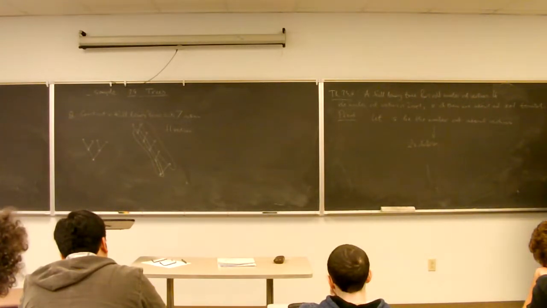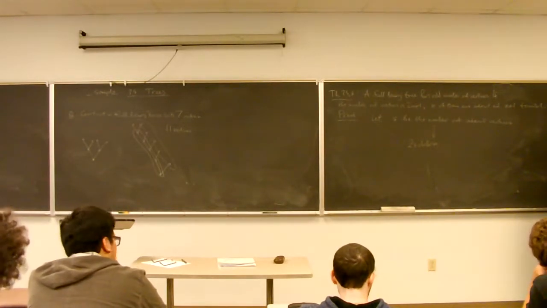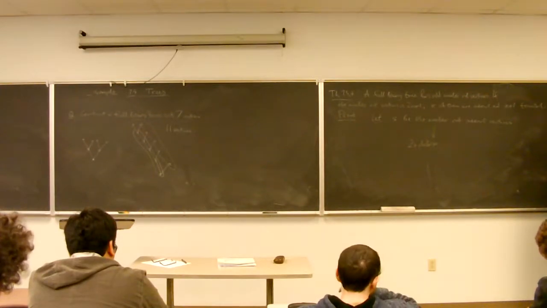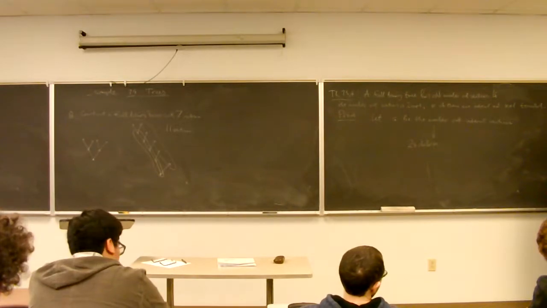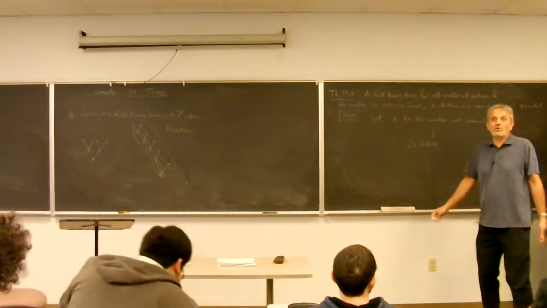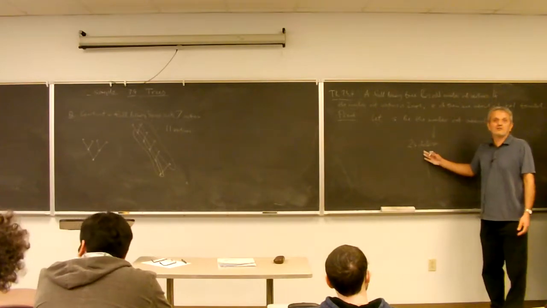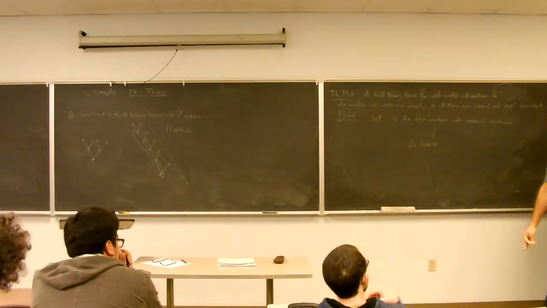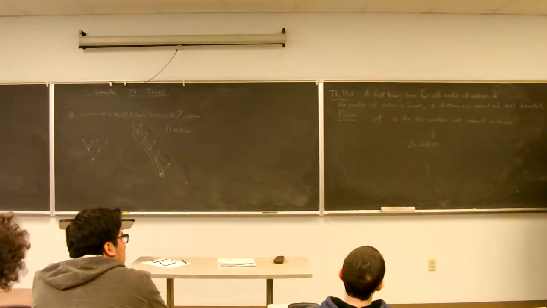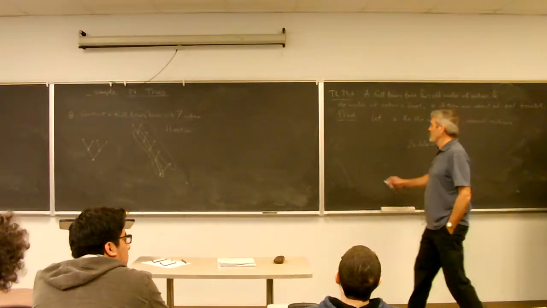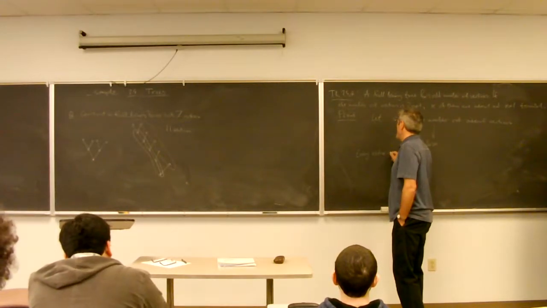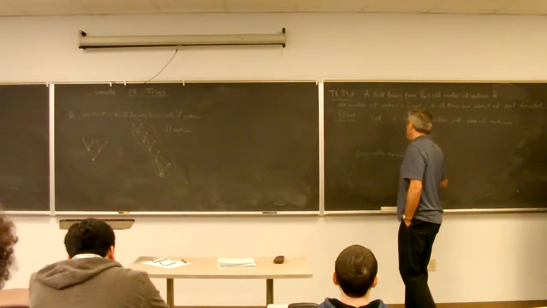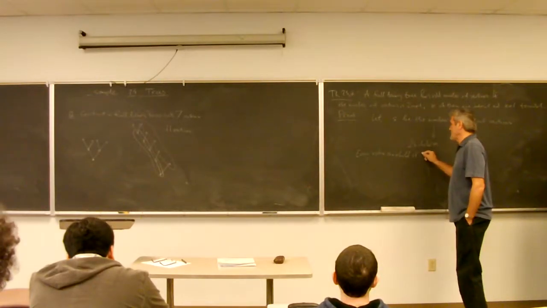What are those children? Are they internal or terminal? Depends. Some of them will be, doesn't matter. But they have 2S children. Every vertex is a child of exactly one parent.